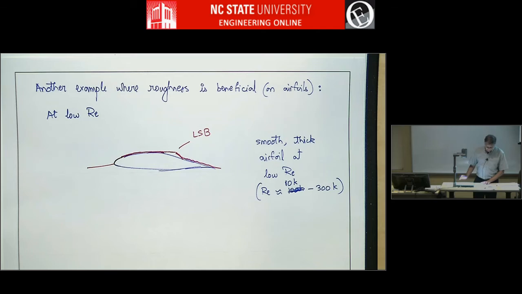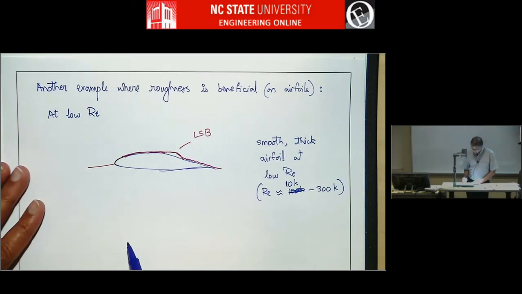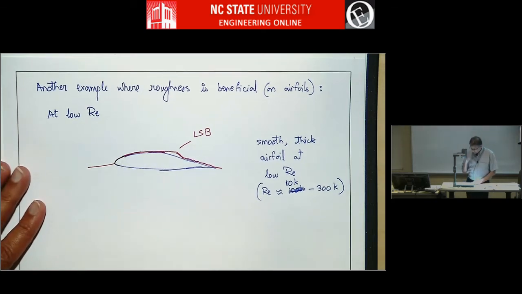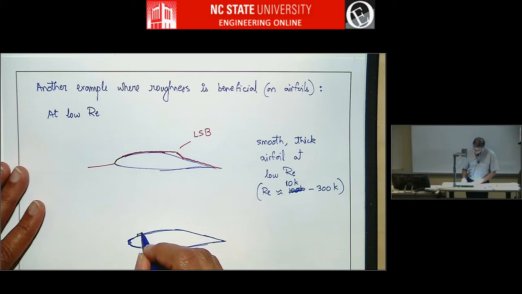So one of the things you can do is to add roughness somewhere near the leading edge. So if you have the same airfoil, let's take the same airfoil and let's put some roughness here, intentionally put some roughness.